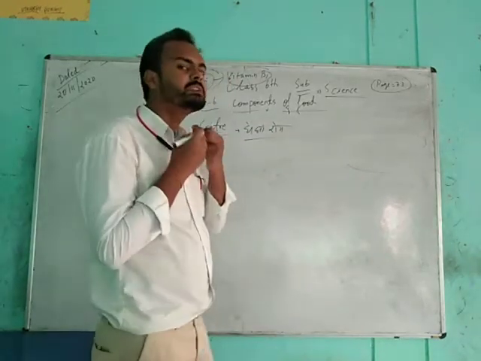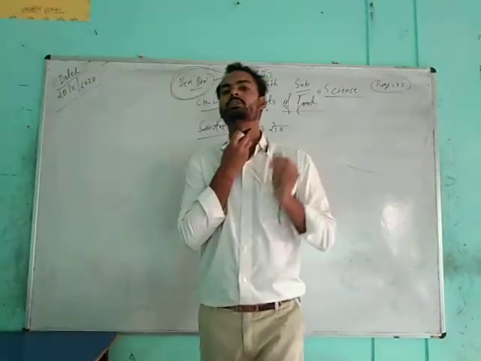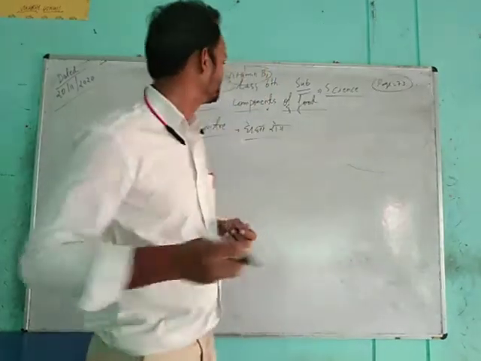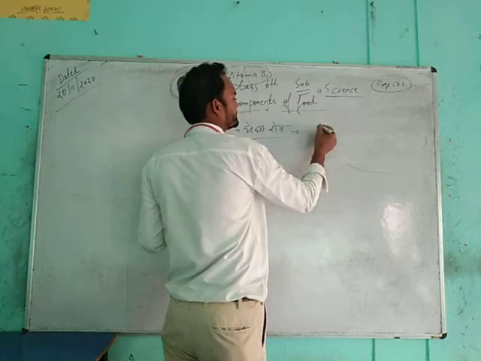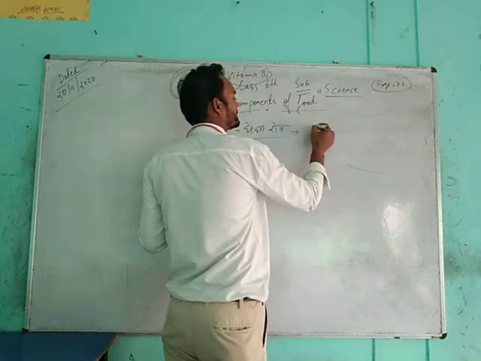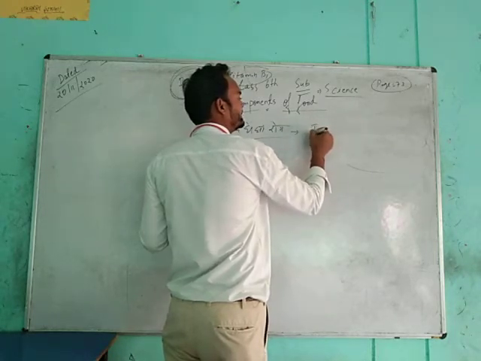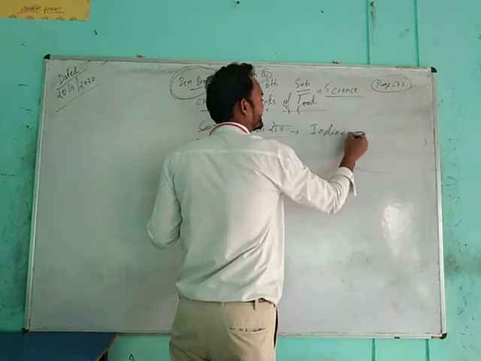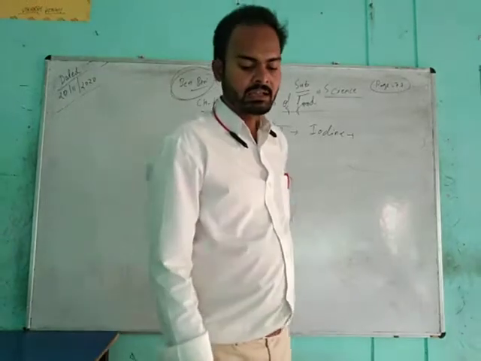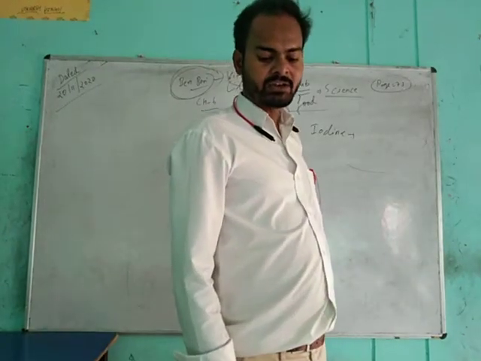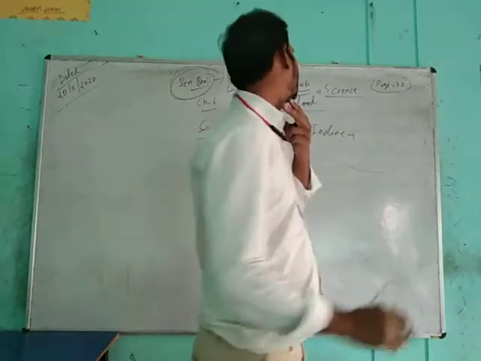This disease occurs in our throat, and it happens only due to lack of iodine. This iodine is found in iodized salt. And swelling of the thyroid gland present in the neck.